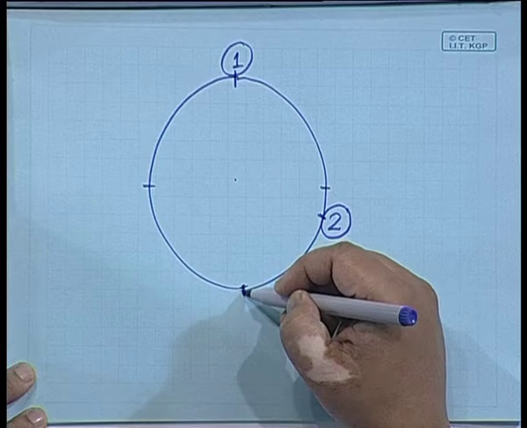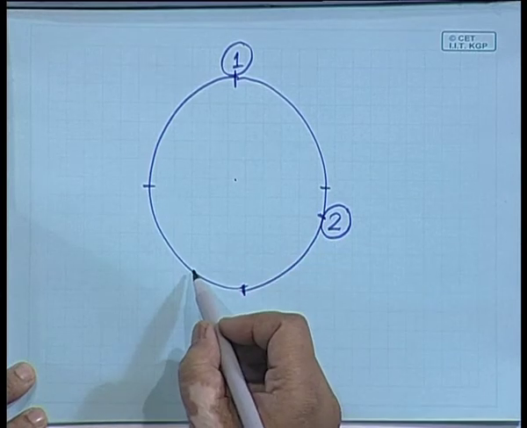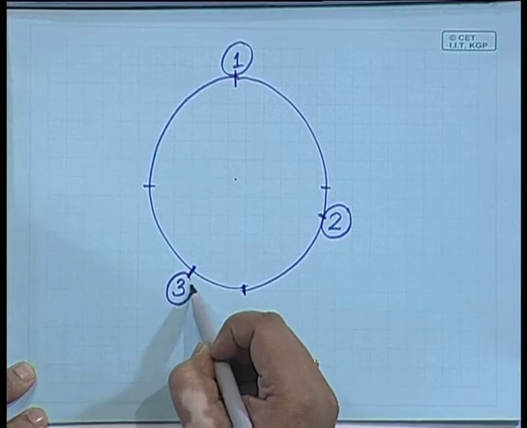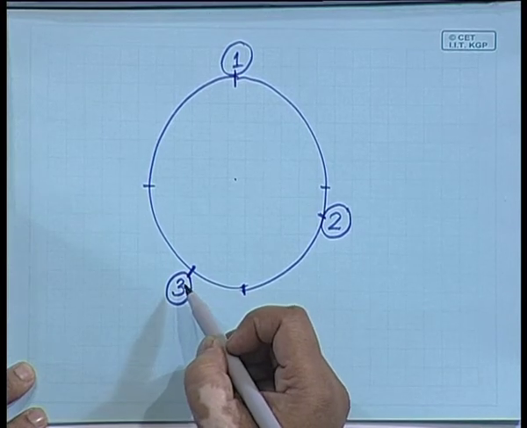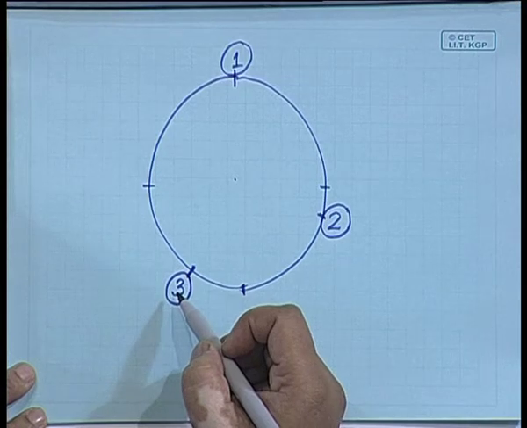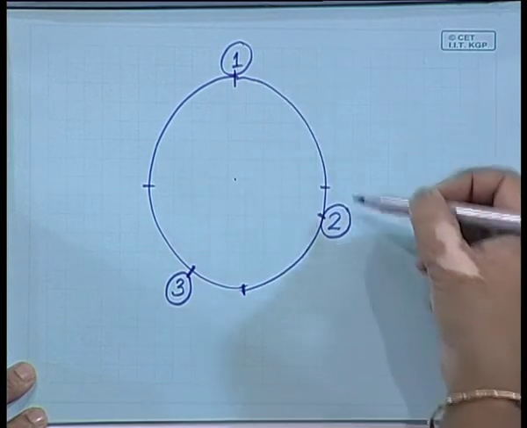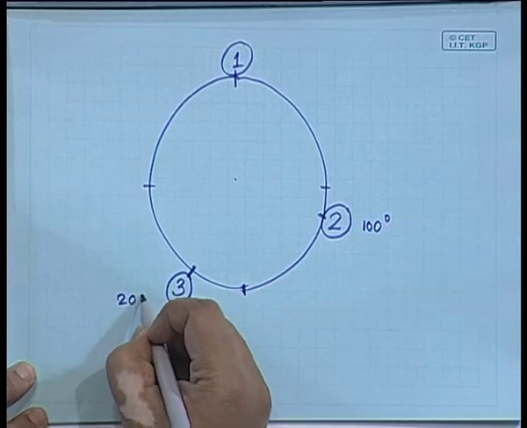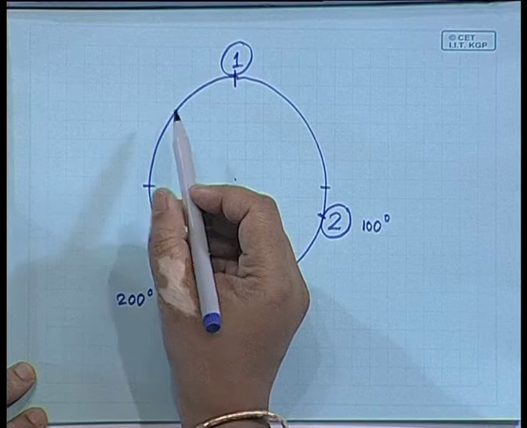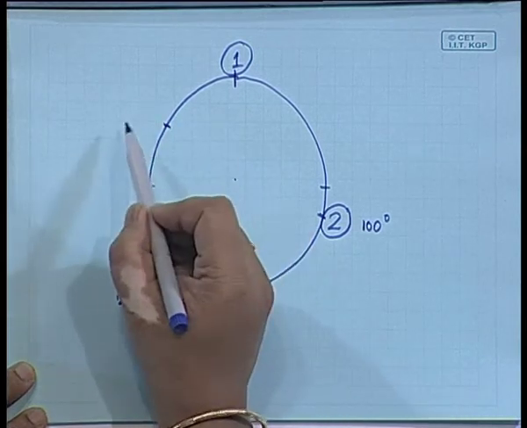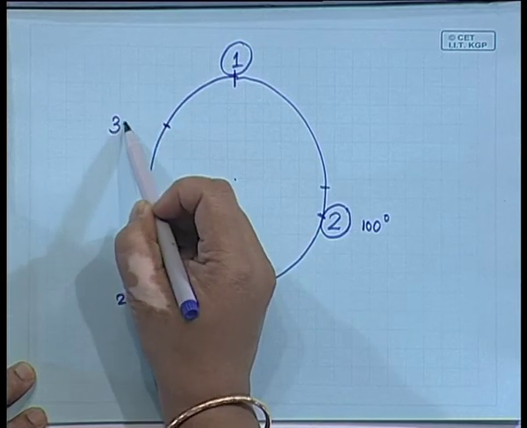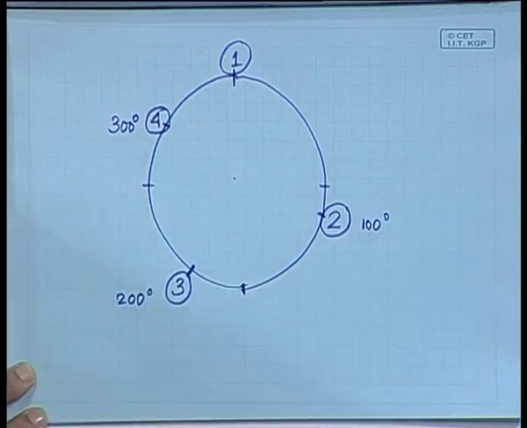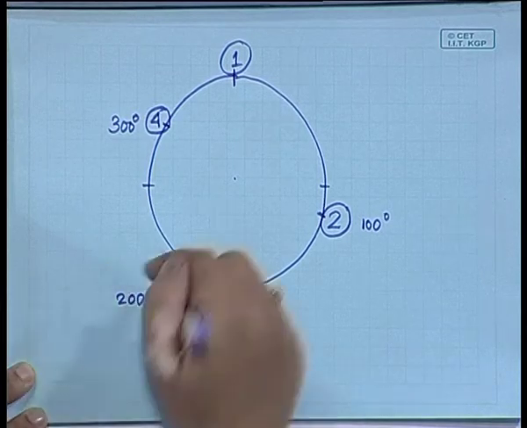This is 180, it is going to be around 200. So, it is going to be somewhere here, residue number 3. Where is residue number 4 going to be? This is at 100 degrees, this is at 200 degrees, then my fourth one is going to be at 300. So, this is approximately 300. So, this is residue number 4, right. Then you can go on.